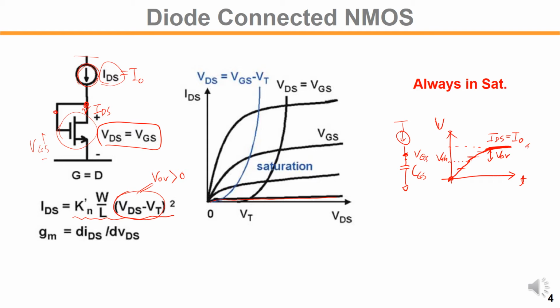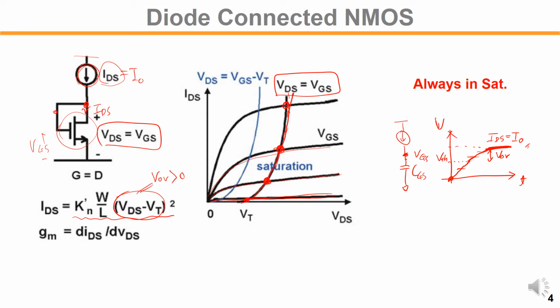The current will increase like this, but the actual operating point will be where VDS equals VGS. So each operating point moves up along this line.